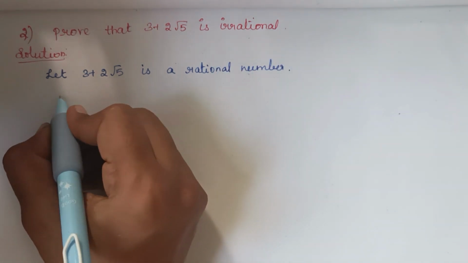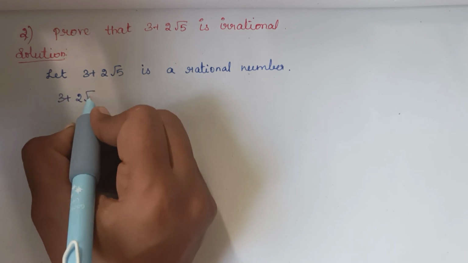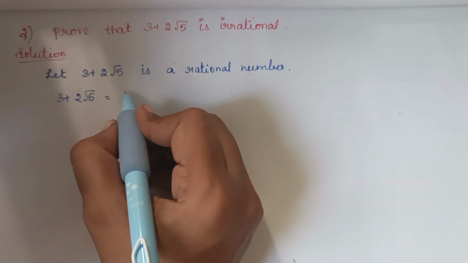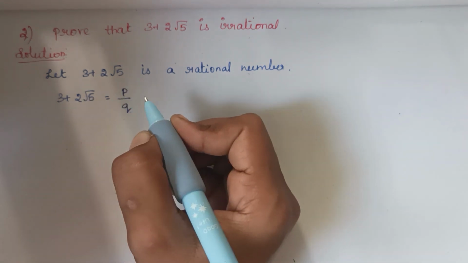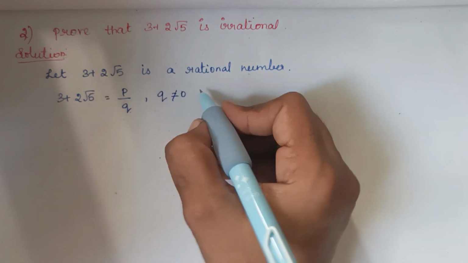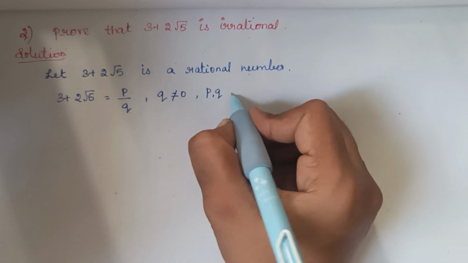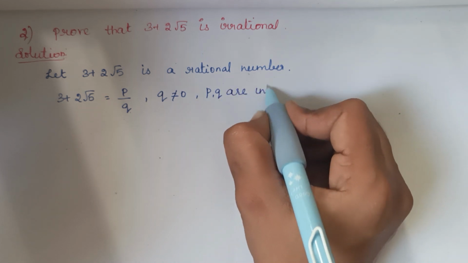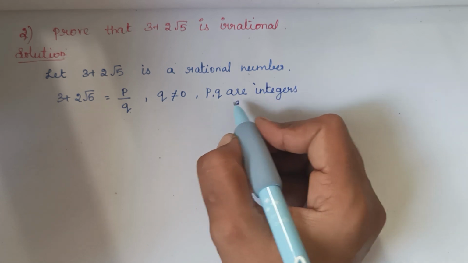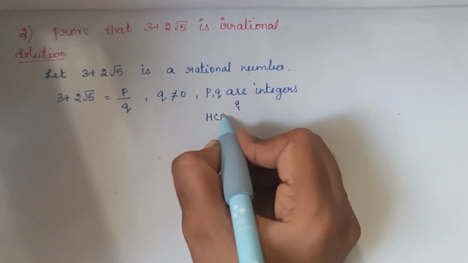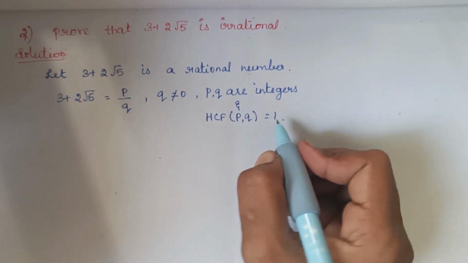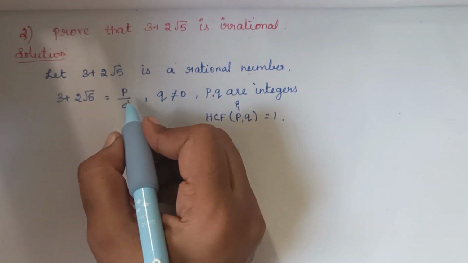We know the rules of a rational number: it should be P by Q, where Q should not be equal to 0, P and Q are integers, and HCF of P and Q is equal to 1.